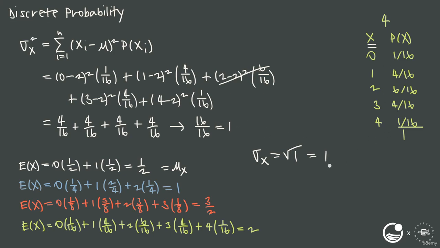But now, even though we started with a discrete random variable, we can say that this particular discrete random variable x has an expected value, or a mean, of 2, that it has a variance of 1, and a standard deviation of 1.